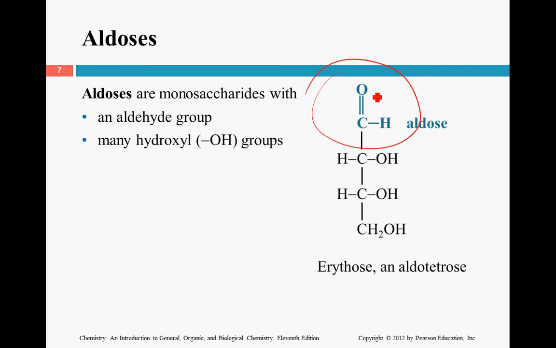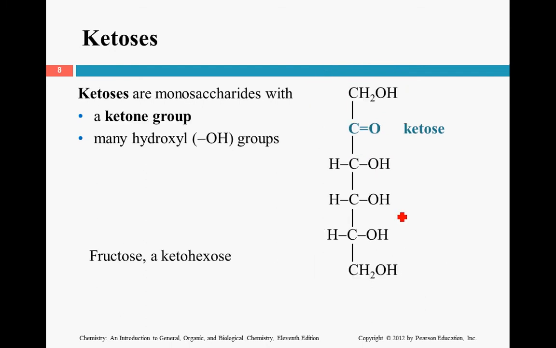The double bond of the oxygen is at the end. And all the rest is filled in with OHs. Here, it's a ketone because it's not on the end, it's in the middle, but it's still furthest up. In other words, it's the top. There's 1, 2, 3, 4, 5, 6. So it's hexose. And it's a ketone, so it's ketohexose.